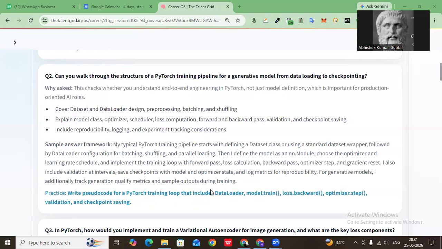Okay. So the initial phase would be initialization. We set the seed across Python, NumPy, and PyTorch to ensure deterministic behavior, because it needs to be tracked at a later stage. We also initialize experiment tracking with Weights and Biases.